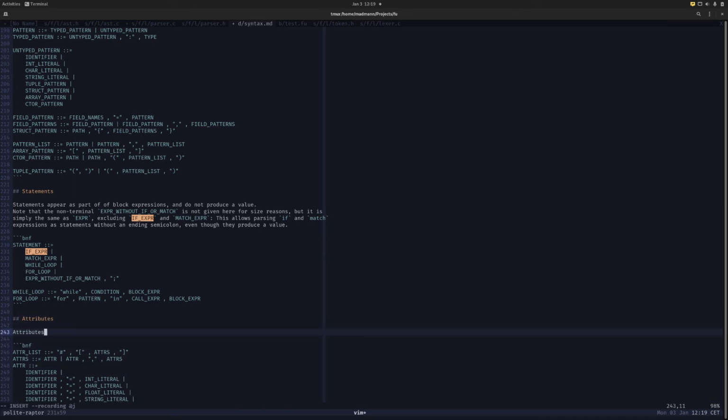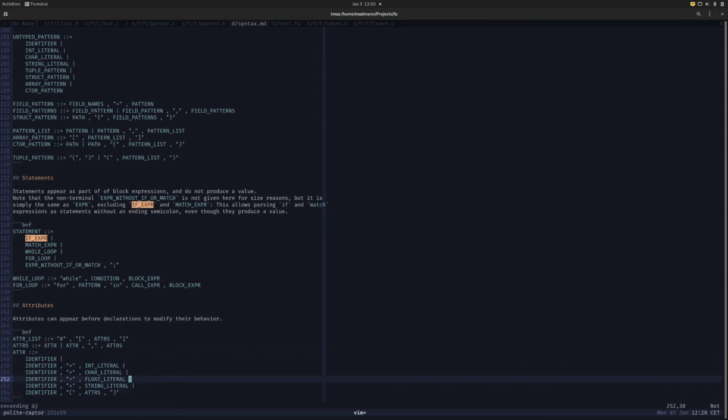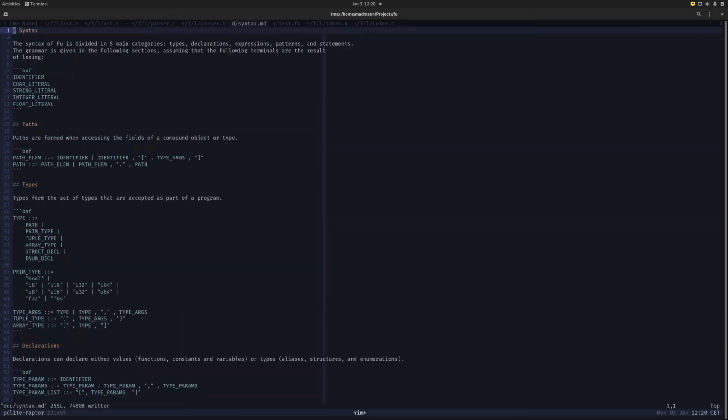So a little bit of text: attributes can appear before declarations to modify their behavior. So basically that's a small description. I hope it's clear enough.